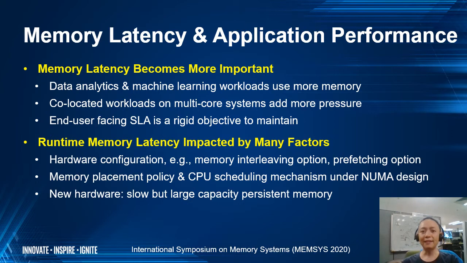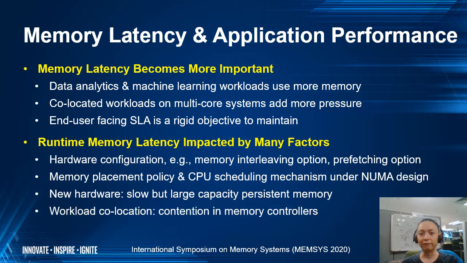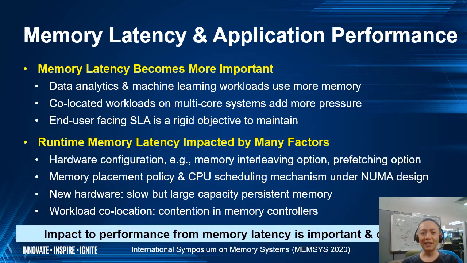By incorporating the large capacity of persistent memory, the access can become even slower. In cases with workloads collocated together, memory controllers processing requests from multiple applications also increase the waiting time in accesses. In summary, the impact to performance from memory latency is important, but the impact can be very complex.